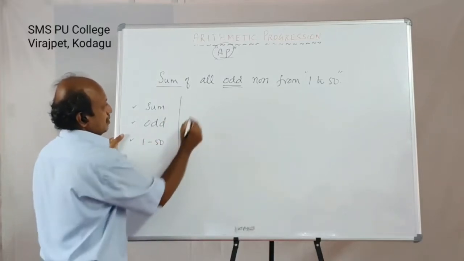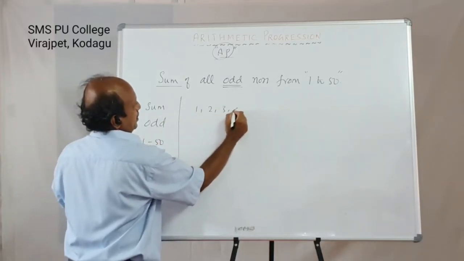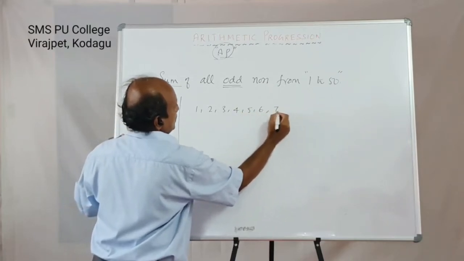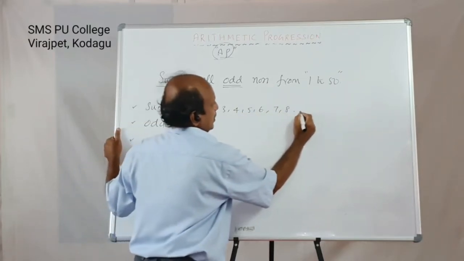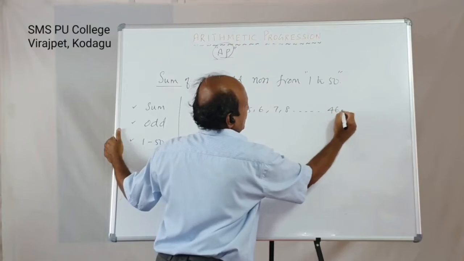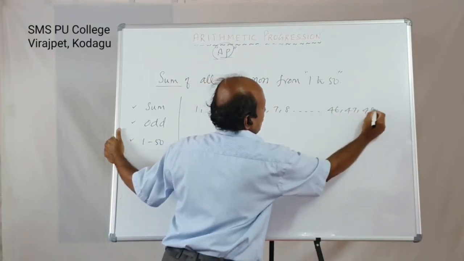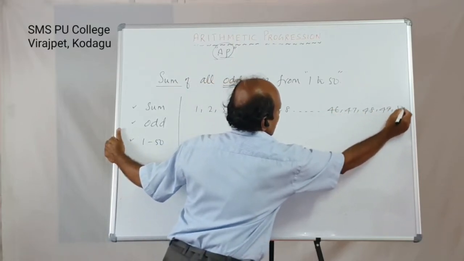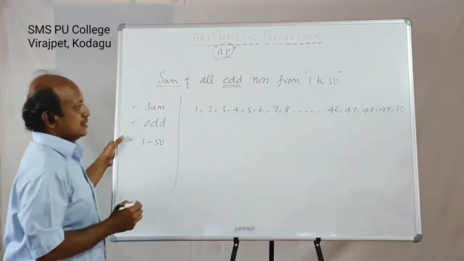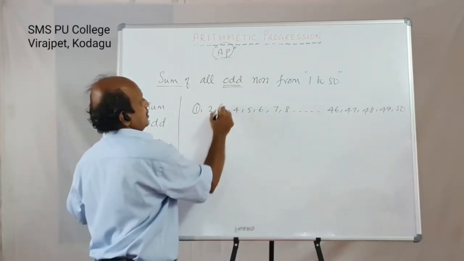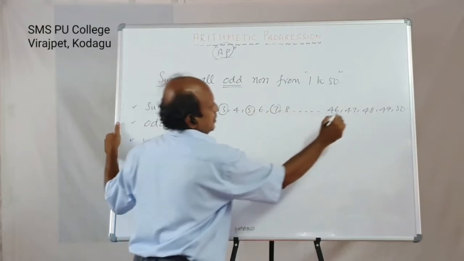Now, let us write all the numbers: 1, 2, 3, 4, 5, 6, 7, 8 up to, for example, 46, 47, 48, 49 and 50. Here, which are the odd numbers? 1, 3, 5, 7, 47, 49.